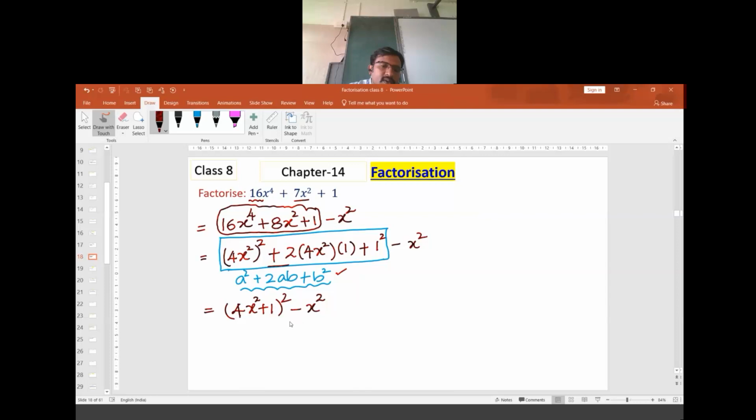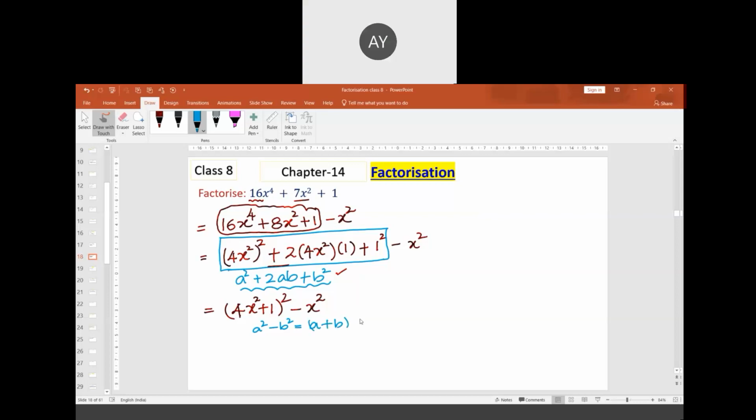Now observe, this is something like a square minus b square, isn't it? Yes, sir. Where a is 4x square plus 1, b is x. We know this identity. This is a plus b multiplied to a minus b. In the previous one, it is a plus b whole square.